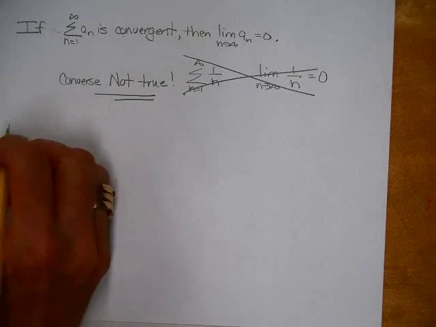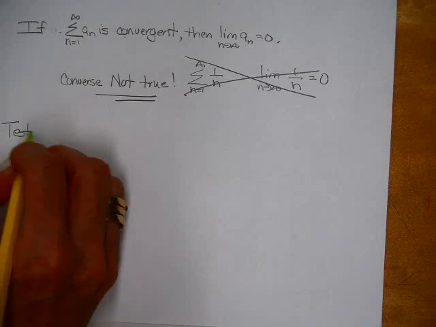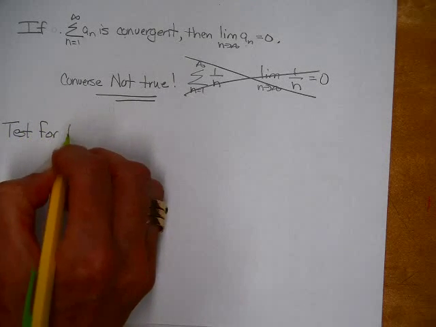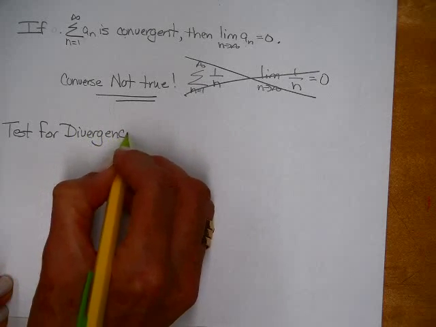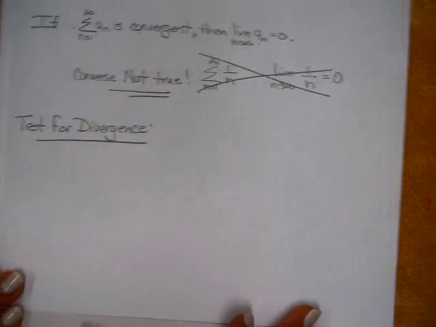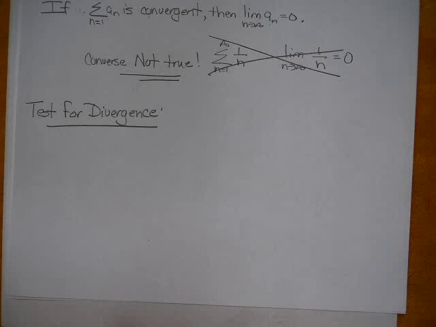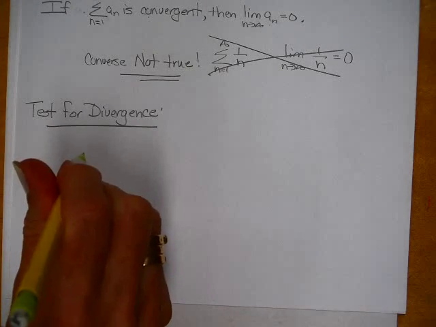And then the theorem right below that is called the test for divergence. Notice this test for divergence does not test for convergence. If you want to see if a series is divergent, you can use this test.